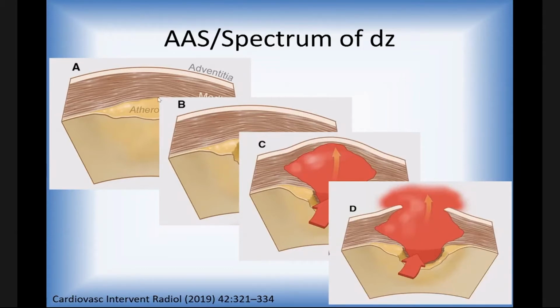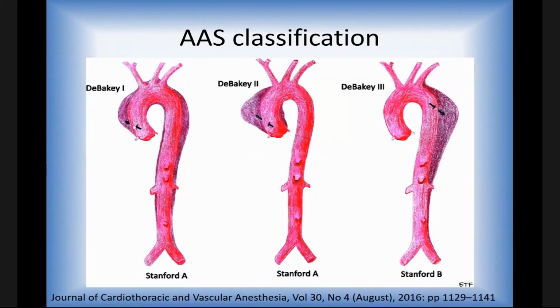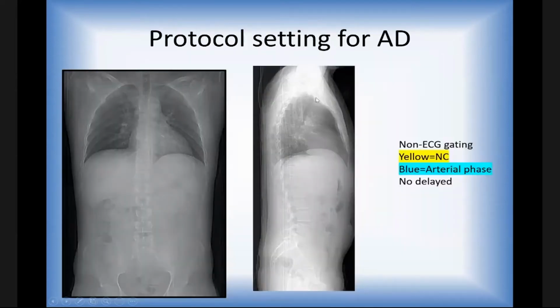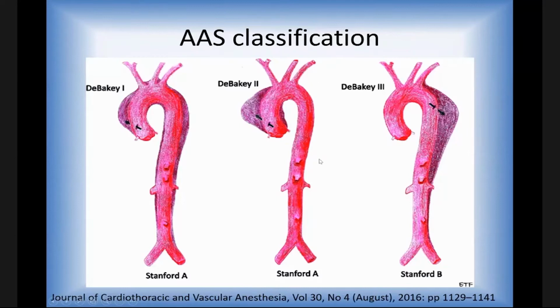So this is Stanford A and Stanford B. Stanford A is whatever involves the aortic root and the ascending aorta, before the origin of the right innominate. That is considered A, and it doesn't matter whether it involves the descending aorta or not.